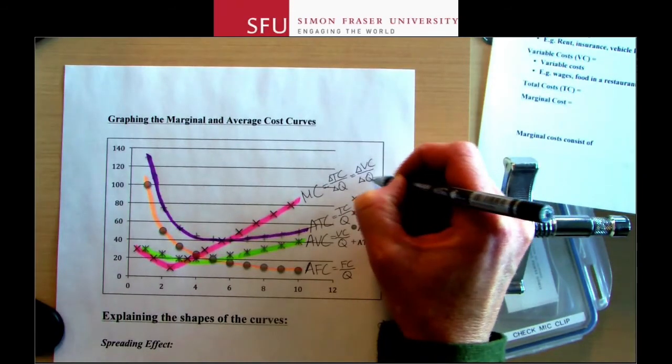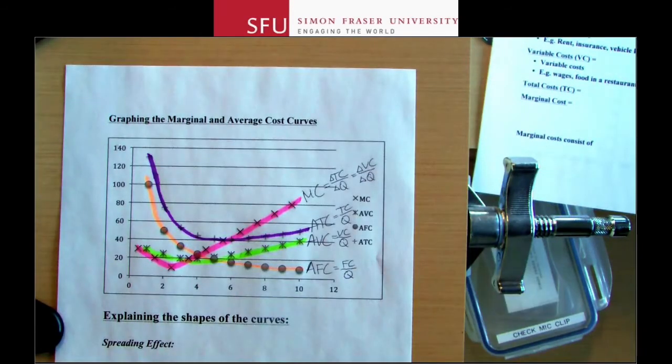So it will follow a similar pattern to the average variable cost. You get different numbers, but it's related to the variable cost. So what we can see here is that they would both go down at the same time, and then they would both start to increase at the same time.